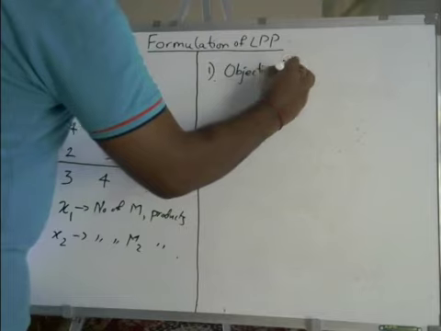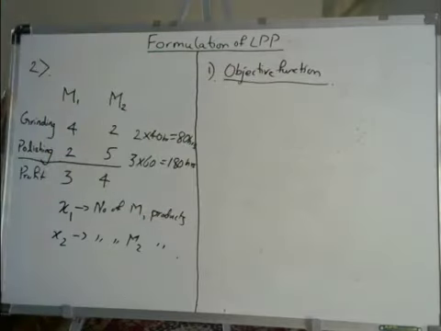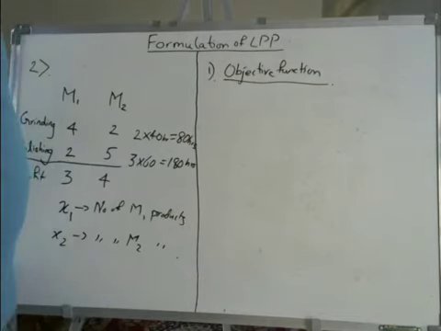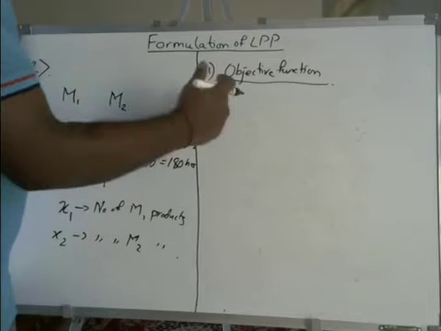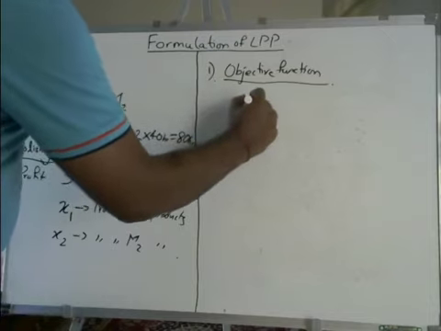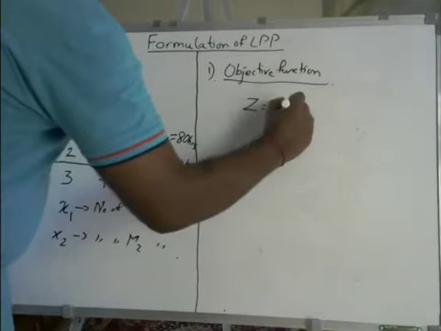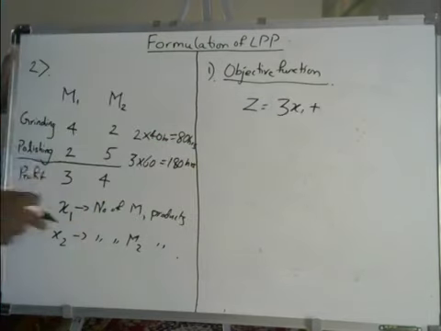So first what we are going to do is we will find out the objective function. Of course, since profits are given, the main objective function is to find out what will be the total profit. So the total profit is Z. Z is equal to 3x1 plus 4x2.